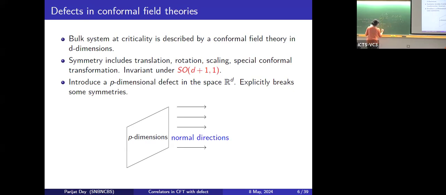And what about the rotations? So these are the rotations in the bulk conformal field theory, and when we use these defects, everything can still rotate on the plane, so that is still preserved. So M_ij is preserved, which is in this plane. M_AB is preserved, but the cross components are broken.